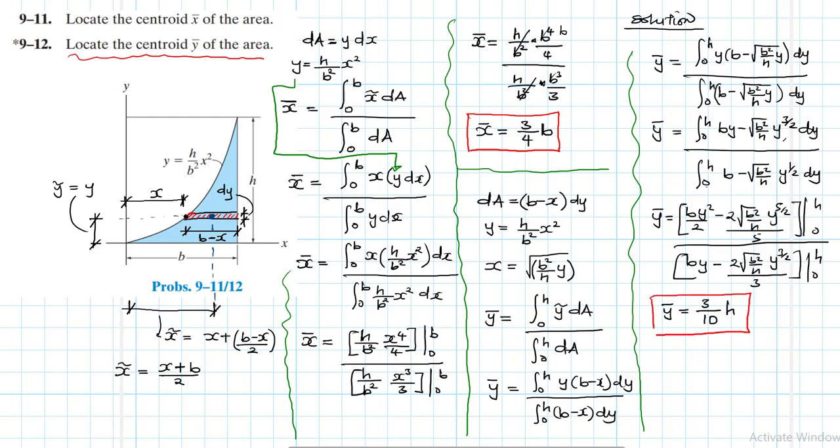So this is the final solution for y bar, which is from there somewhere to just somewhere there. So this is our 3/10 h.